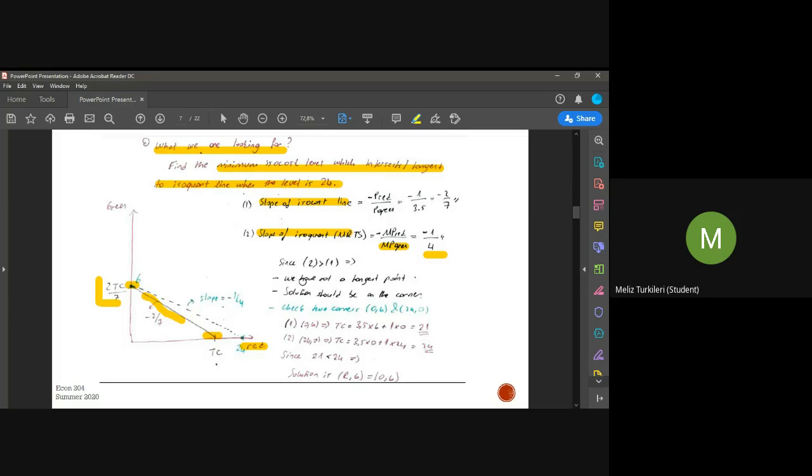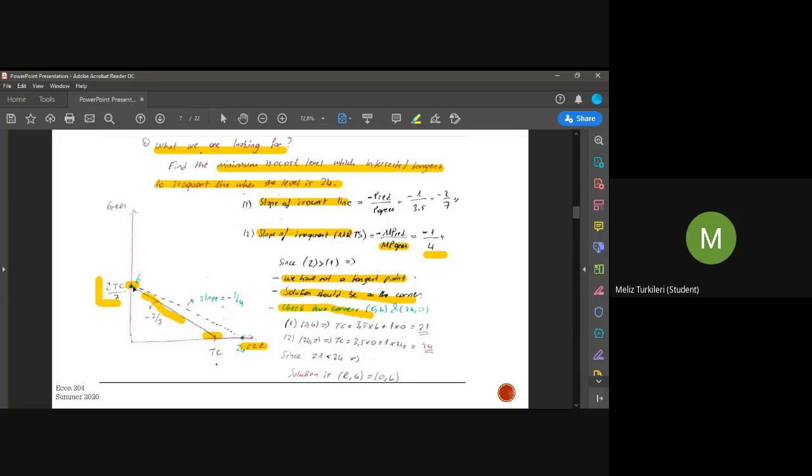Therefore, we can argue that we do not have a tangent point, because if we had a tangent point, then these amounts should be equal to each other, but it is not possible in this case. Therefore, we can argue that the solution should be on a corner. Solution should be on this corner or this corner. So we need to check the corners and find the corner levels.